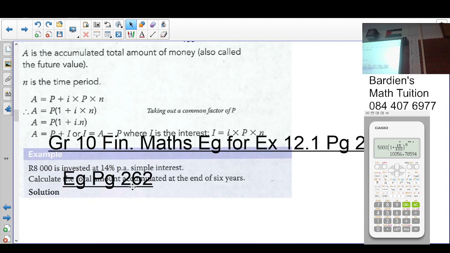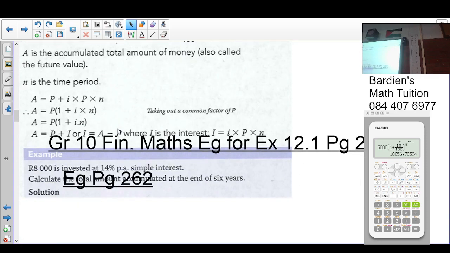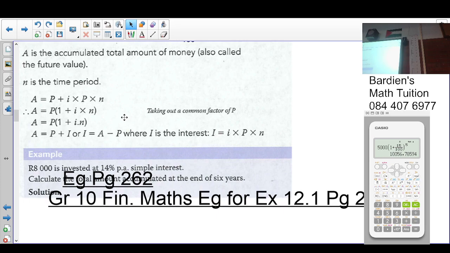So we are here now. They explained here how the formula is derived. So if you're that kind of girl that wants to know how the formula is derived, you can work through this here. A is the accumulated amount of money, also called the future value. N is the time period. Remember that formula that I wrote on the board?